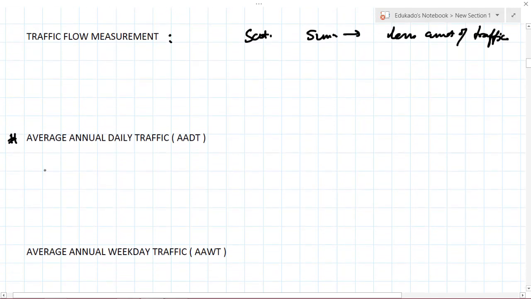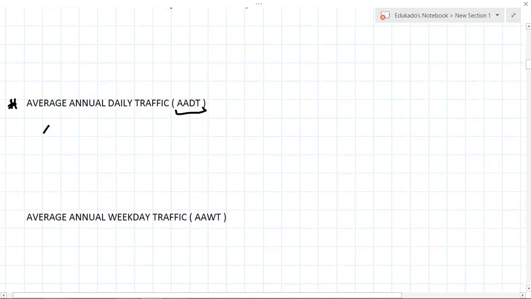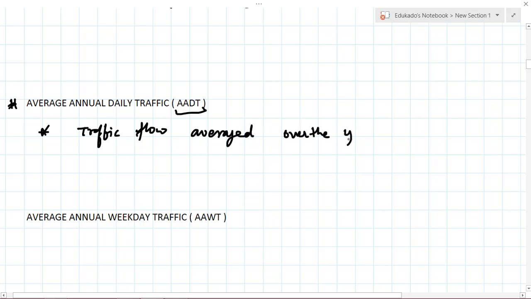The first type is known as average annual daily traffic, which I can abbreviate as AADT. If I want to write about it, it is traffic flow averaged over the year, that is 365 days.